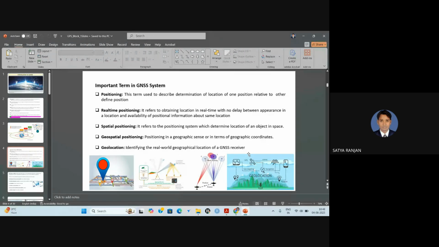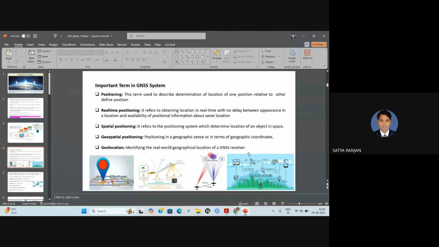Then real-time positioning refers to obtaining location in real time with no delay between the appearance of a location and the availability of position information about the same location. Suppose in DGPS surveys, we use real-time positioning data to accurately measure precise locations.